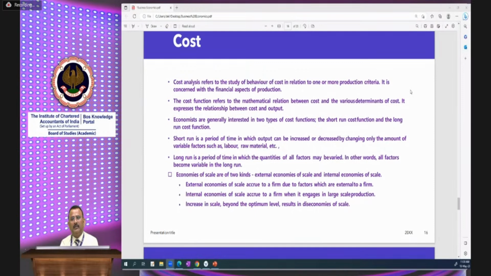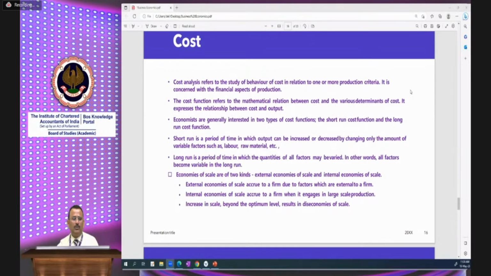Because ultimately if you want to produce something, you need the capacity to at least bear the cost of producing that thing. So you need to prioritize your strategy based on the cost that you will be incurring and the profit that you will be having after selling that particular product.